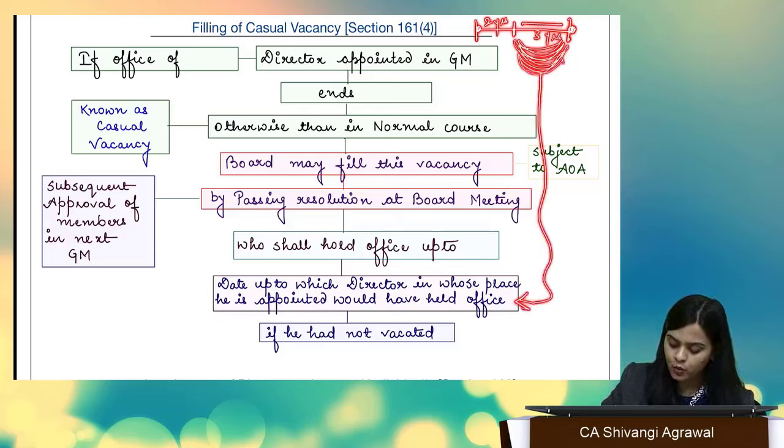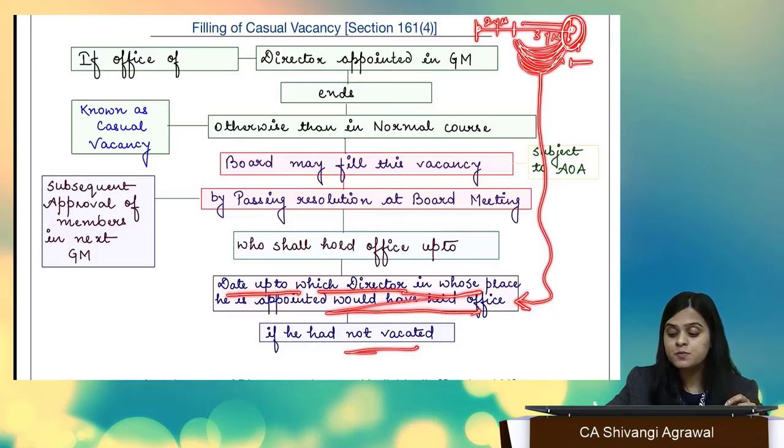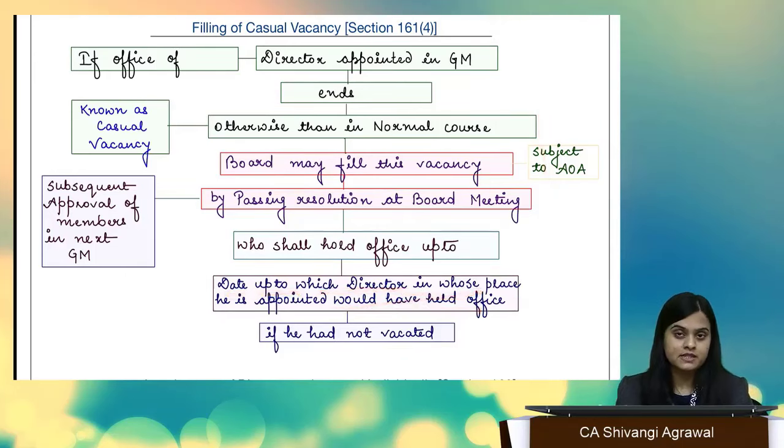That means this particular date. So anyone who is filling the casual vacancy is not going to hold office beyond this tenure, beyond this date. Is that okay? Is that fine?